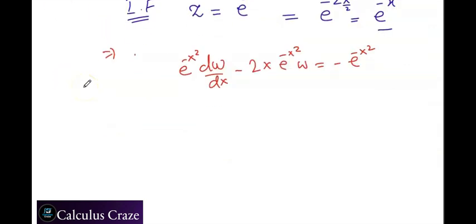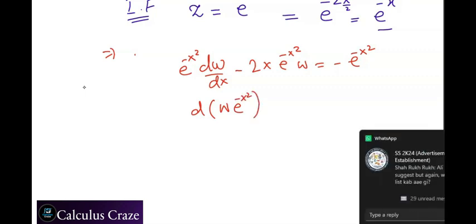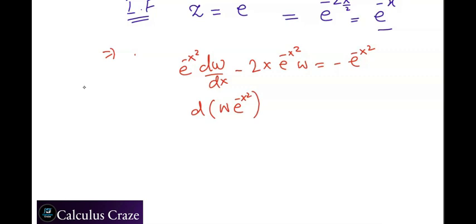Right, so this is the derivative of w with e to the minus x squared, right, and equals minus e to the minus x squared.